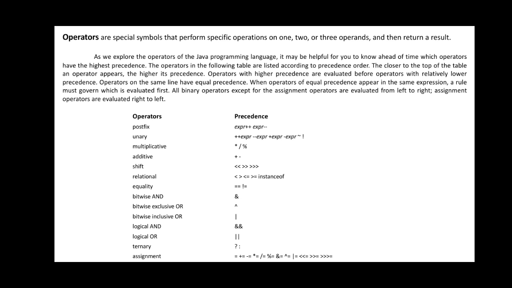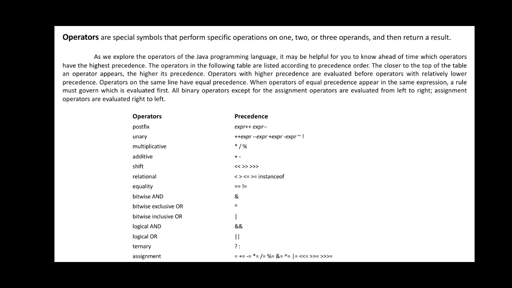So today we'll be going with a very important concept of OOPs using Java, that is operators. As you have already learned in your C programming language, operators are nothing but an action done on some variables. Here it says operators are special symbols that perform specific operations on one, two, or three operands and then return a result.